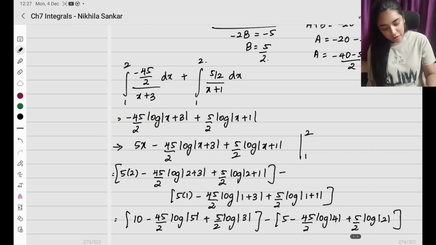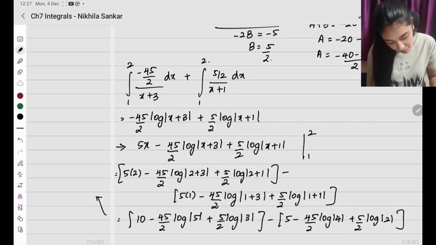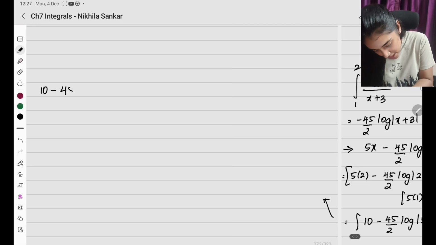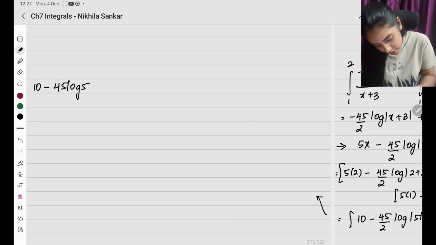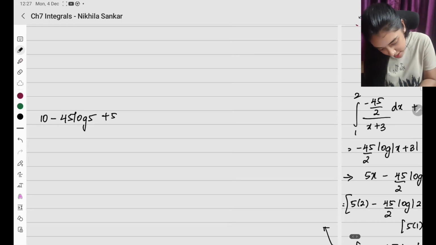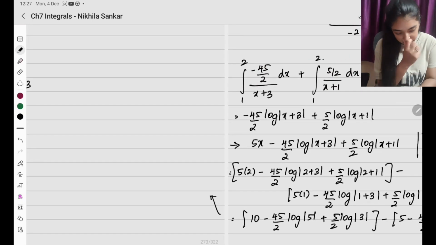So I have to further simplify. I'll write it over here. So follow. I have 10 minus 45 by 2 log 5 plus 5 by 2 log 3.